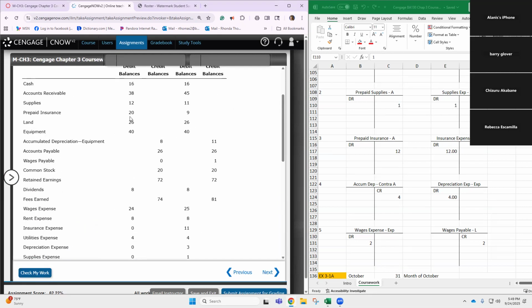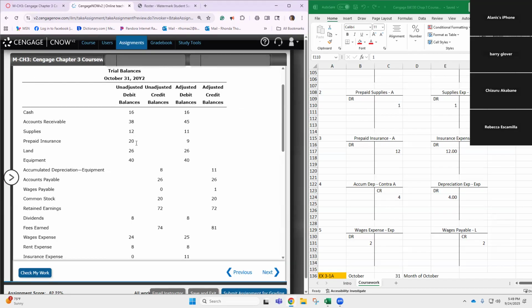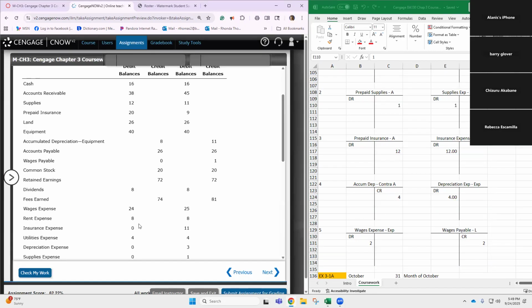Is there a difference between prepaid insurance unadjusted to adjusted? You should see a difference. I see a difference of 11. All right, so now go down to insurance expense. Mine goes from 0 to 11. So there you have it.